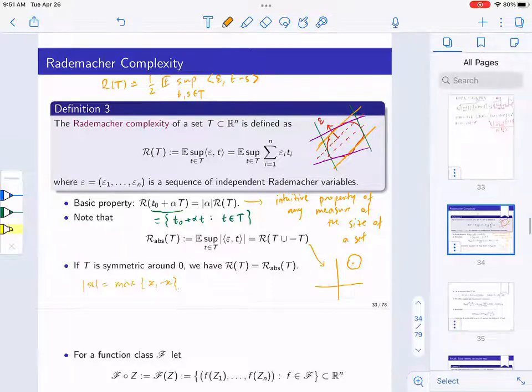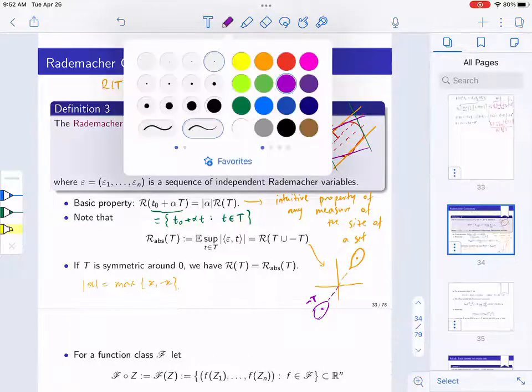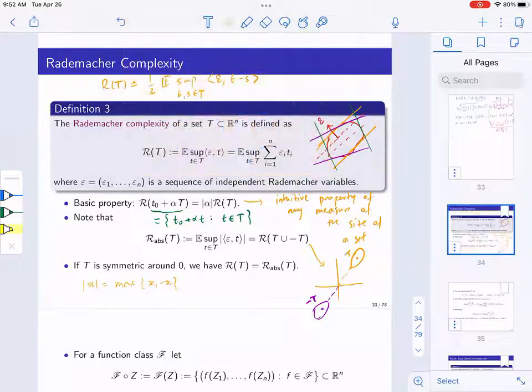But if I do the absolute value version, I'm going to have to reflect it here. That would be -t, and that's t. And then the average width would be something huge, right?